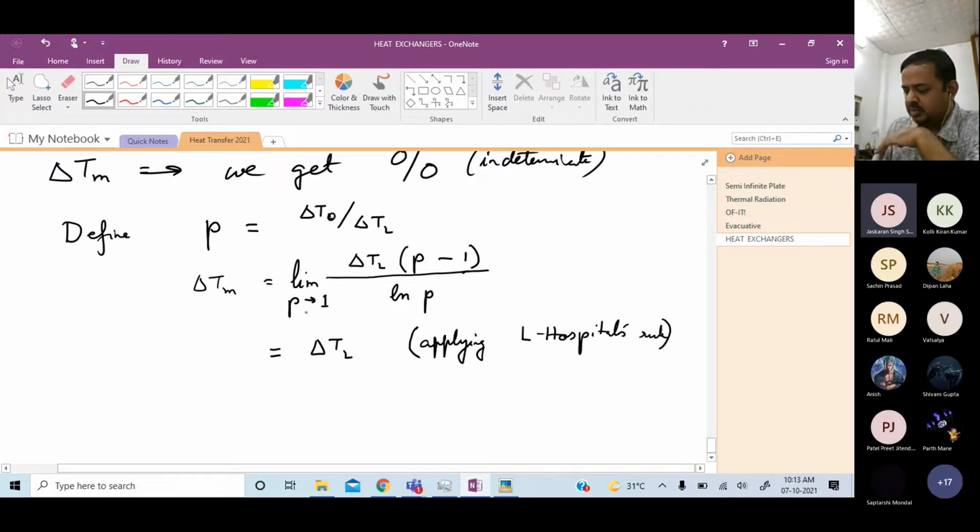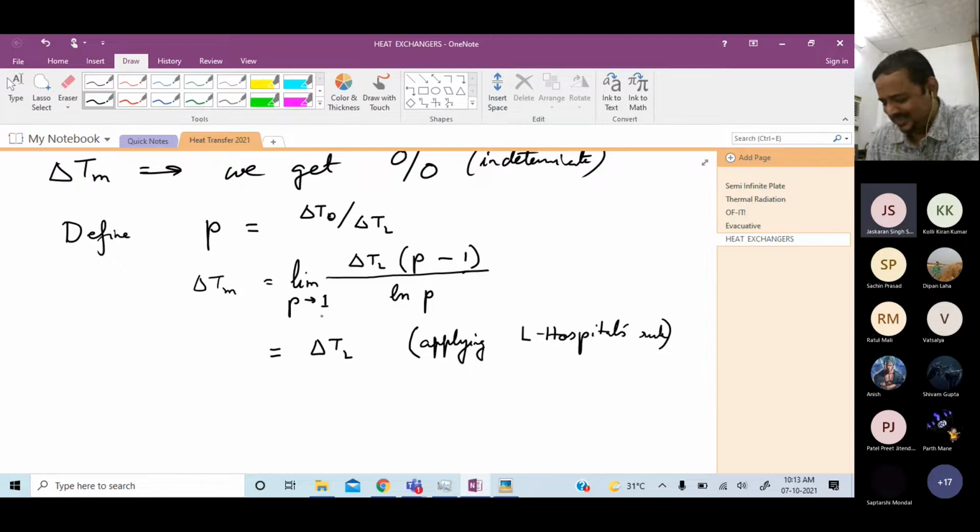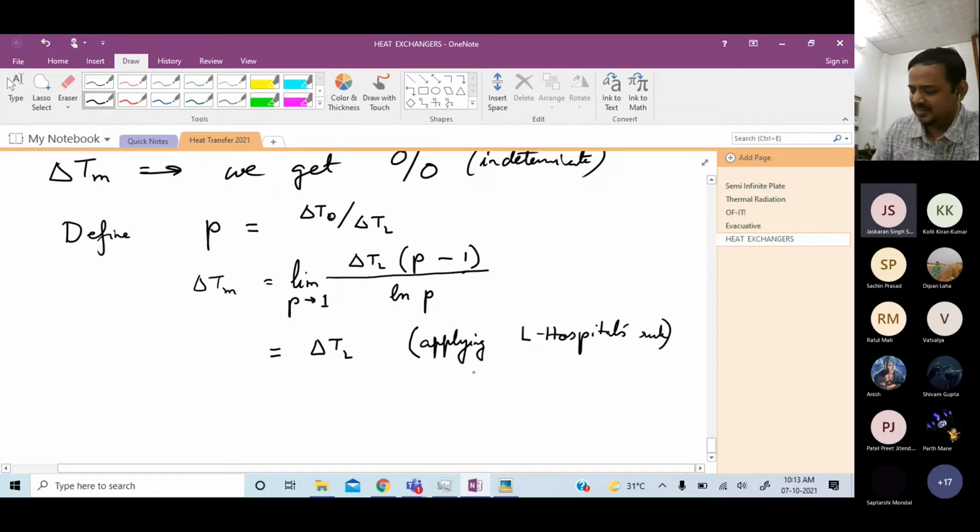So P tends to 1, which implies delta T M is equal to delta T naught equal to delta T L.